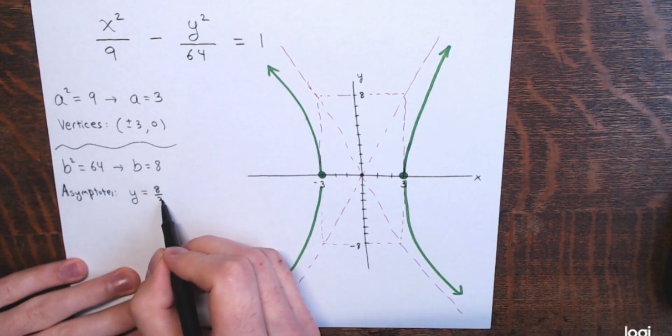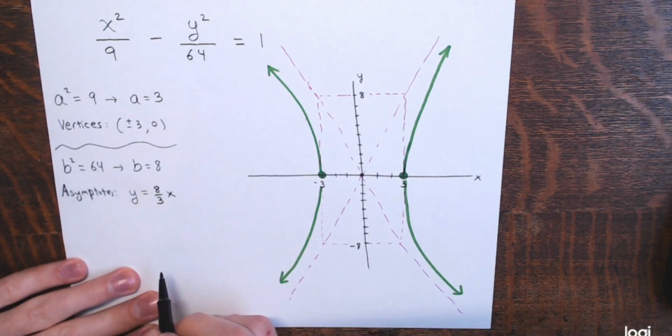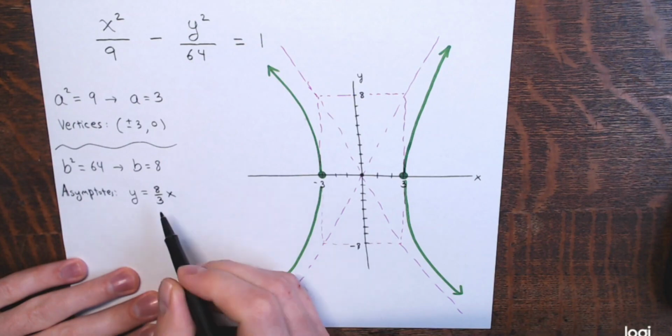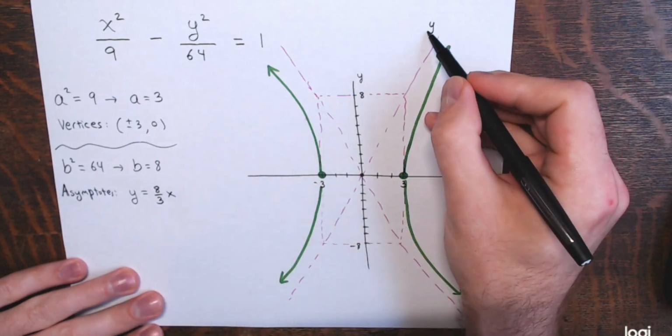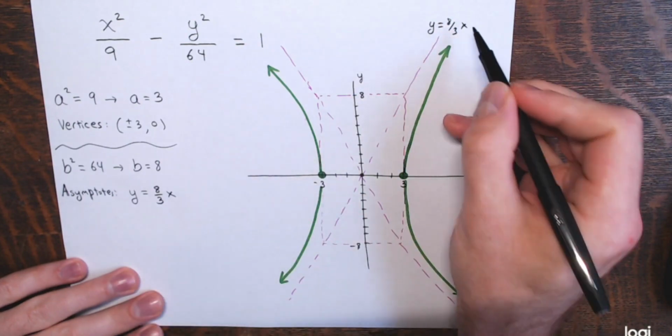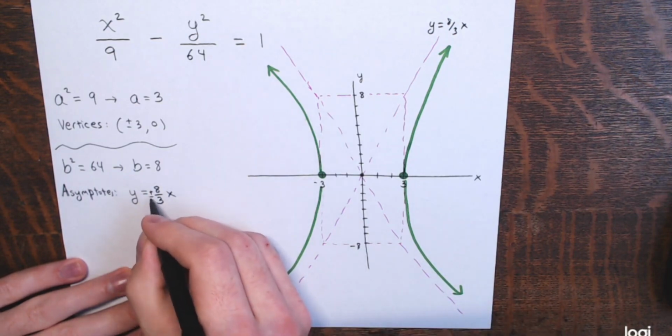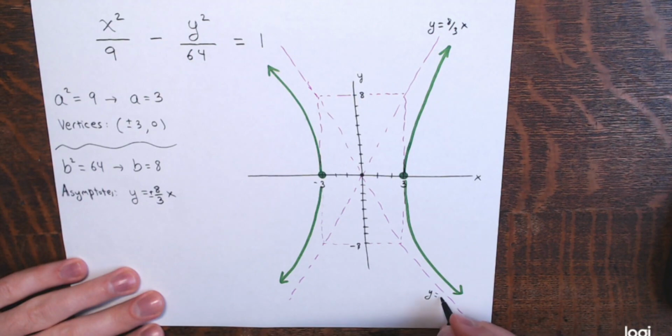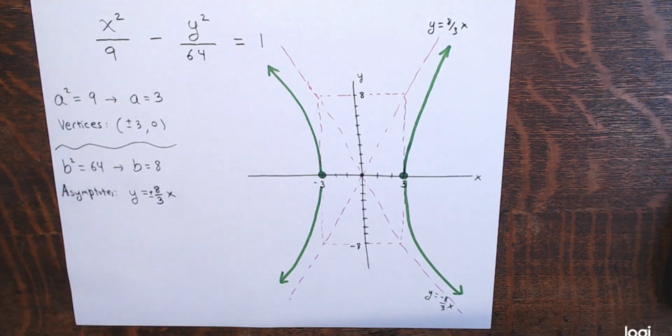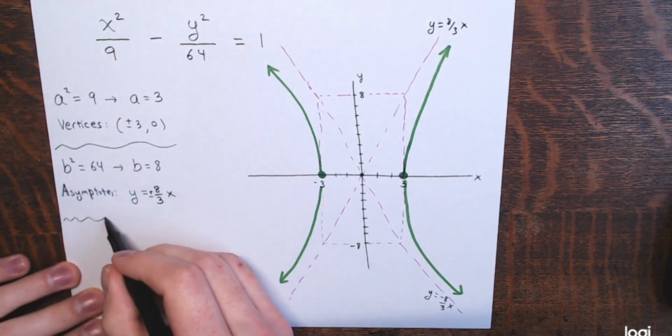Y equals 8 thirds x. That's this line here. And the other one just has the opposite slope. So y equals plus or minus 8 thirds x, y equals negative 8 thirds x. The asymptotes should have opposite slopes. Okay, and then I know that that's all they wanted.